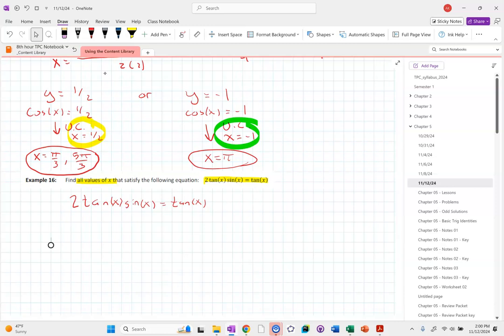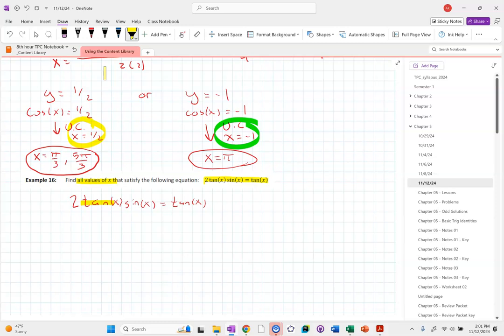So, two options here on a problem where I have different trig functions in it. I can try to use an identity to make them all the same kind of trig function. Is there a way I can change tangent into just sines?